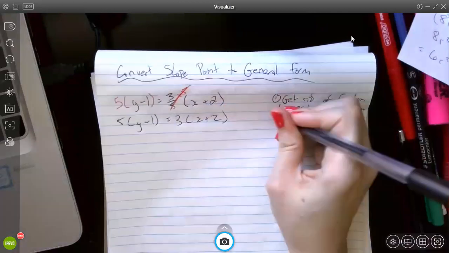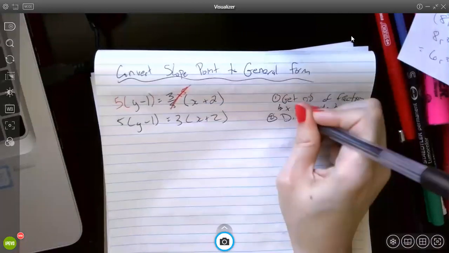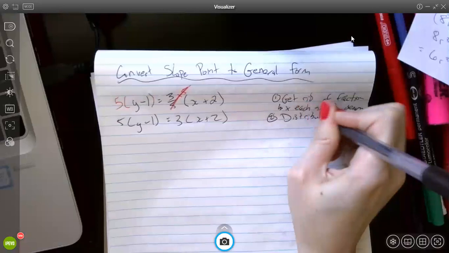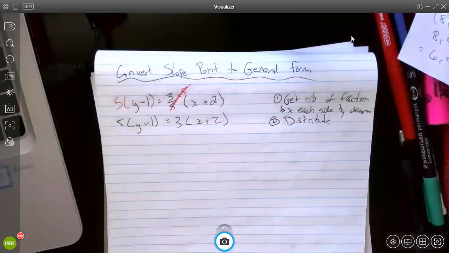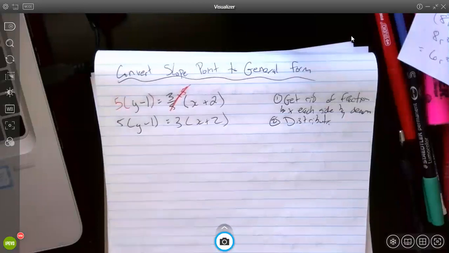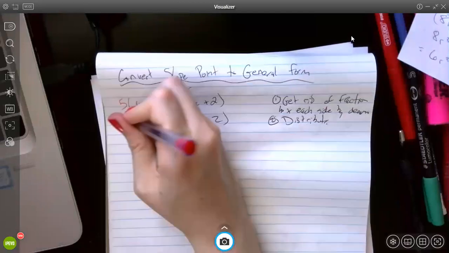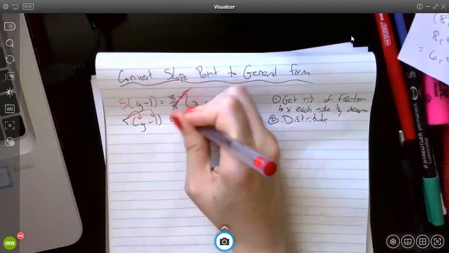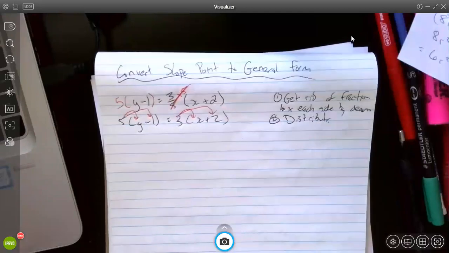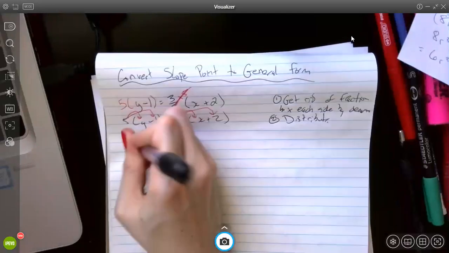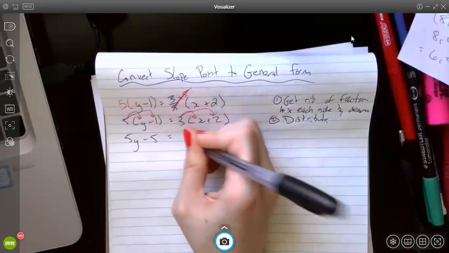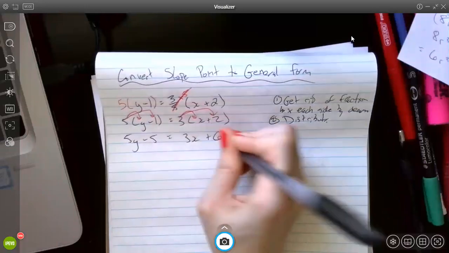So my second step has to be to distribute, which is the same thing that we did when we were converting slope point form to slope intercept form. All that that means is multiplying those numbers in front into the brackets. So that gives me 5y minus 5 equals 3x plus 6.